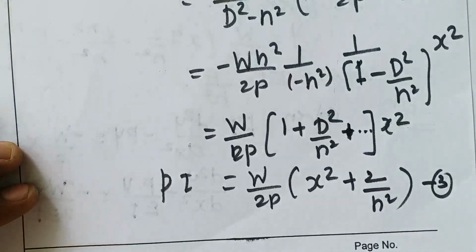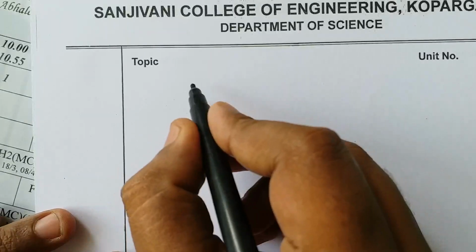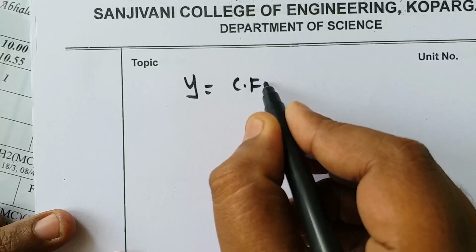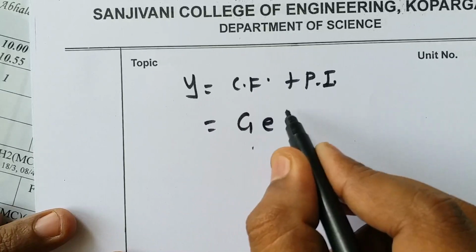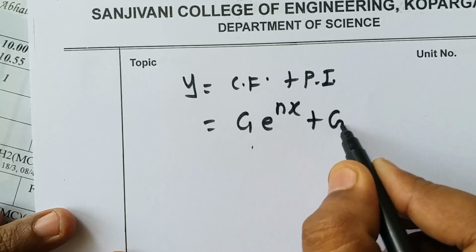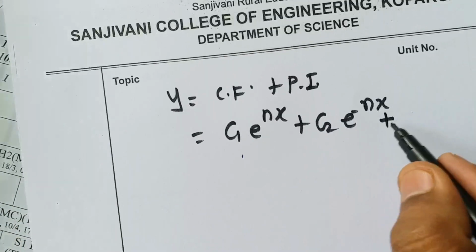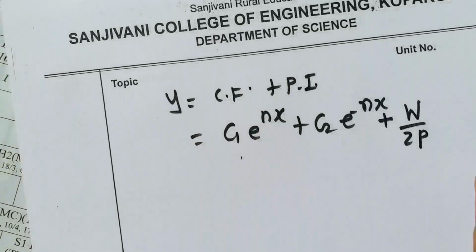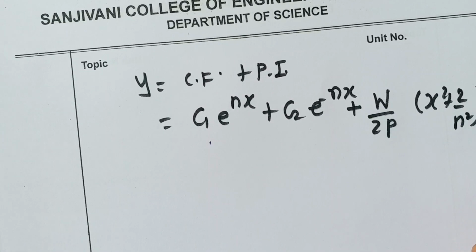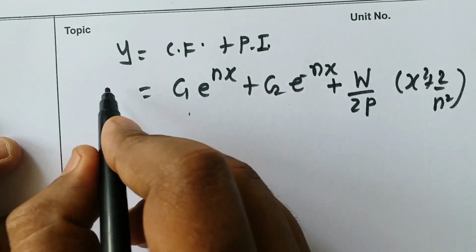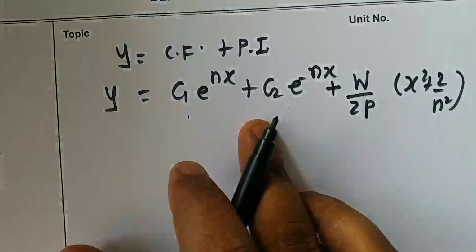So now the general solution is y equal to CF plus PI, and that will be equal to c1 e to the power nx plus c2 e to the power minus nx, plus w by 2p x square plus 2 by n square. So this will be the solution. This is the elastic curve that we have determined.